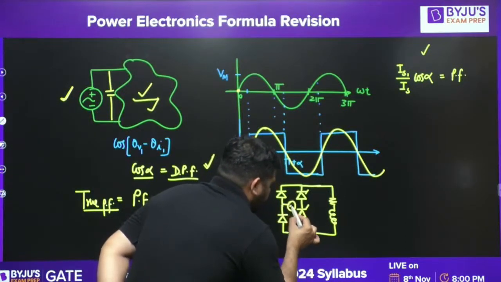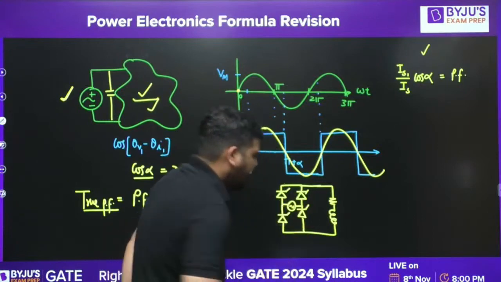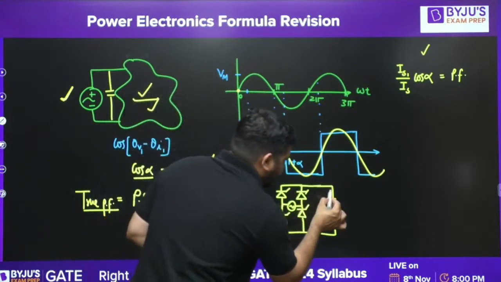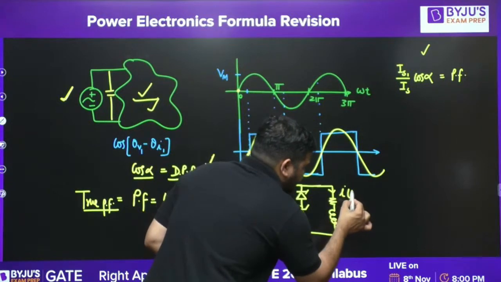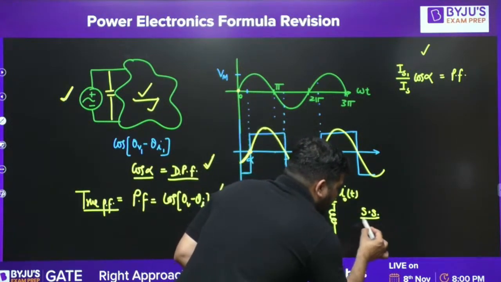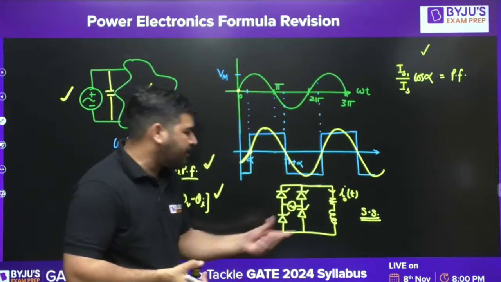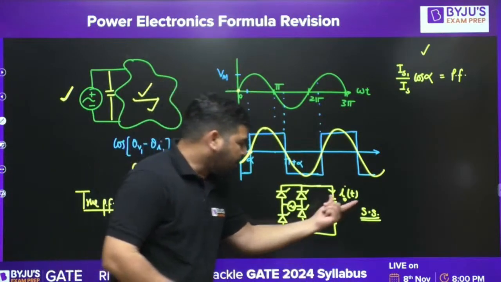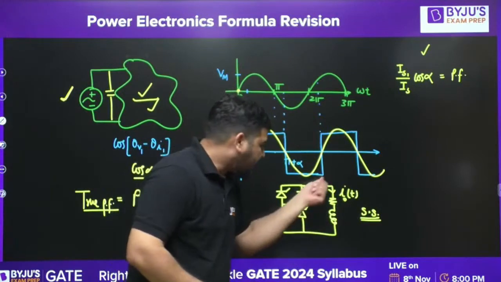There is some source connected here. Now, let's say the current i0(t) is flowing, and the circuit is under steady state. What is the meaning of this? The meaning is the current is periodic.